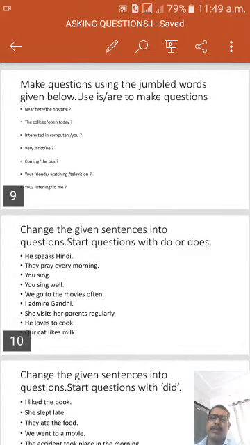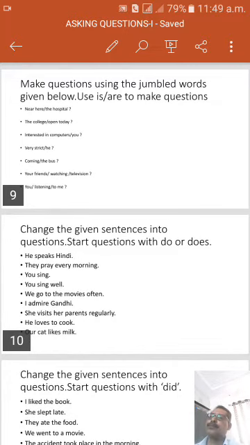If the subject is plural, use do. If the subject is singular, use does. Both do and does are in present tense. So with both, we use V1 form of the verb in questions.